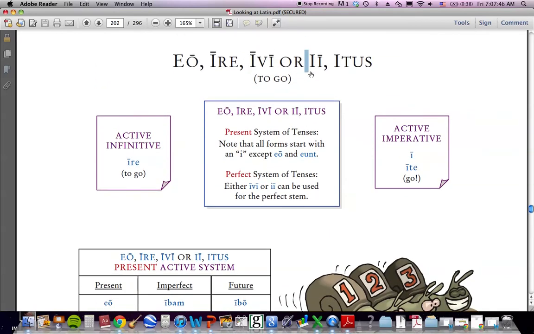Because you know that on the third principal part, you form all the tenses of the perfect system. That is the perfect, the pluperfect, the future perfect of all of the indicative and of the subjunctive. So it's important for you to note that.